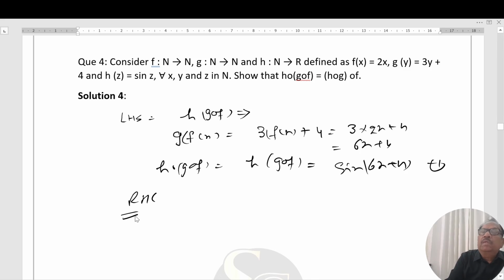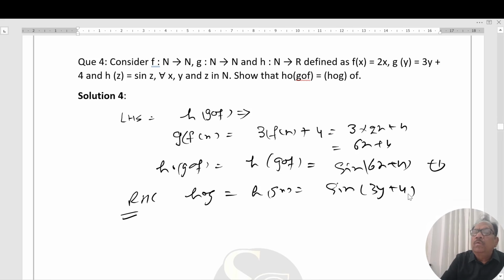Similarly, the right hand side, (h o g) o f. First find h o g, that is h(g(x)). Function h is sine, g is 3y + 4.